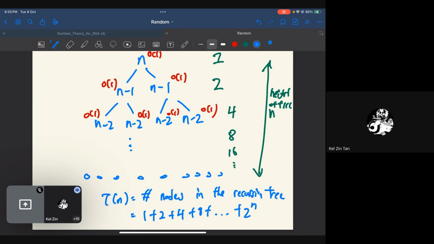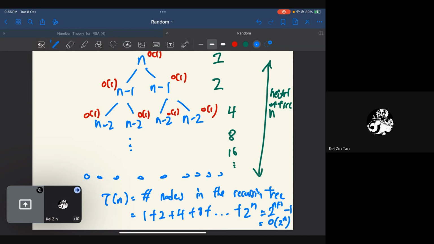Do you know what this is? This is just 2 to the power of n plus 1 minus 1, which is why the time complexity is O of 2 to the power of n.